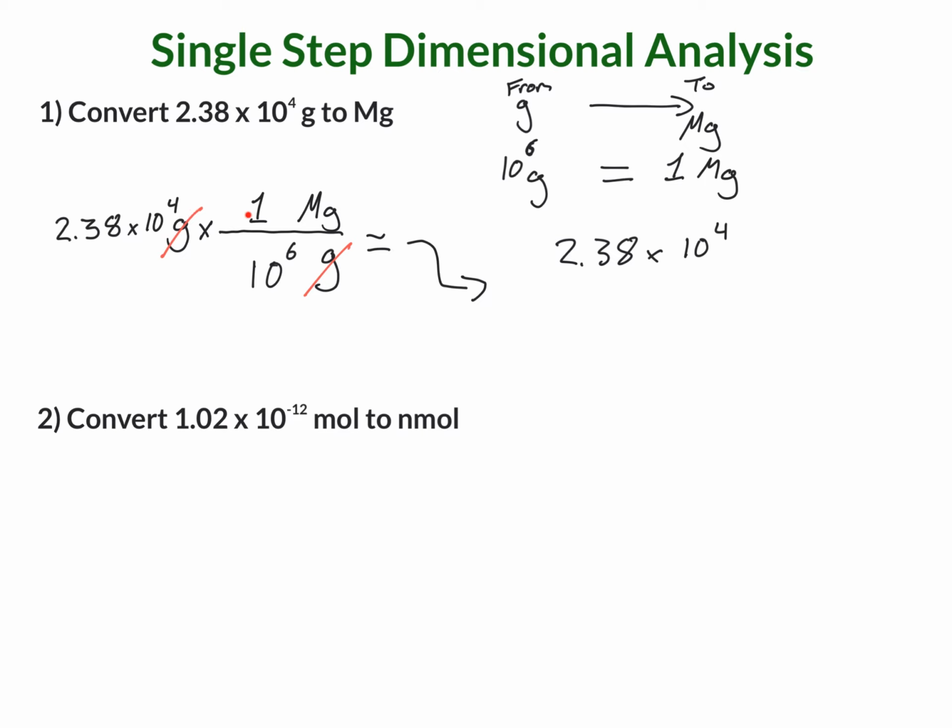So I'm just going to get rid of the 1. I've got megagrams, which is kind of like an x, right? In algebra, it could be like x or y or z. But it's not, it's mg. So I'm going to write mg divided by 10 to the 6th.